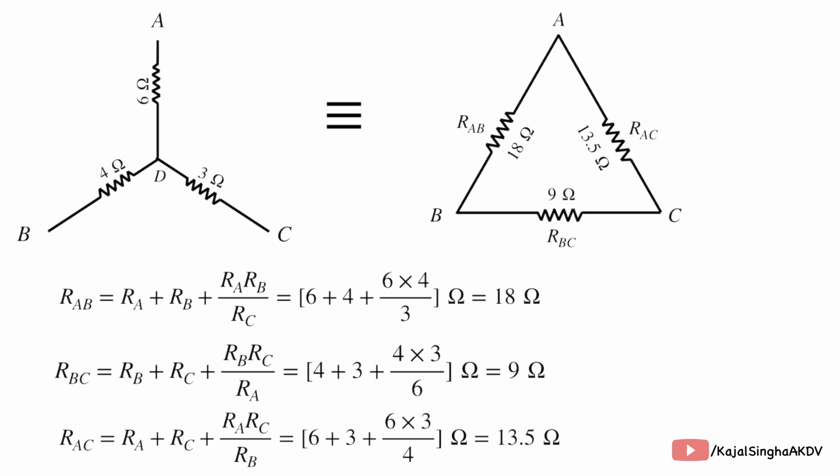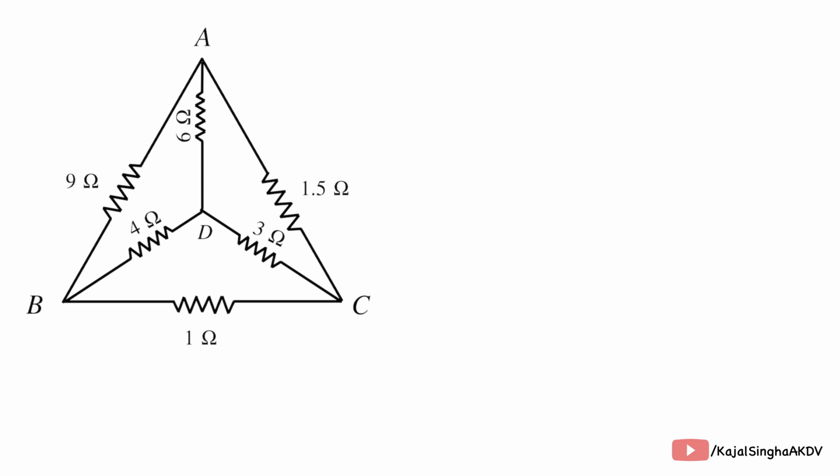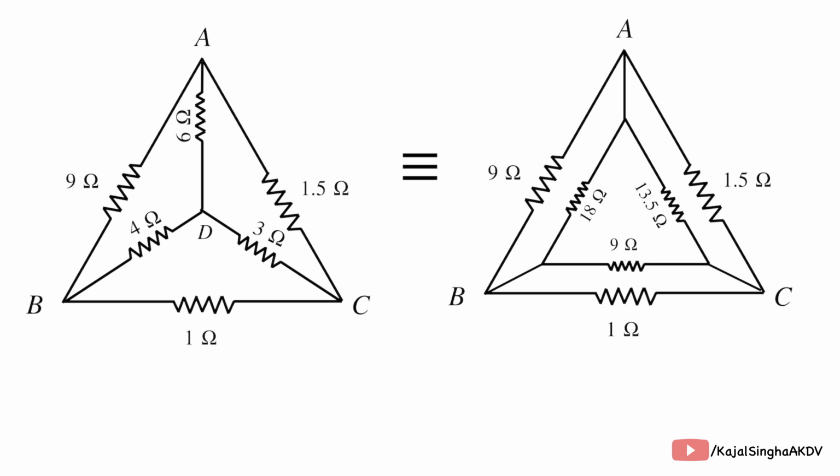So this type of circuit was given to us, and we have converted the star network between points A, B, C and D into an equivalent delta network, and the circuit now becomes like this. Here we can see that the resistors 9 ohm and 18 ohm are in parallel combination.